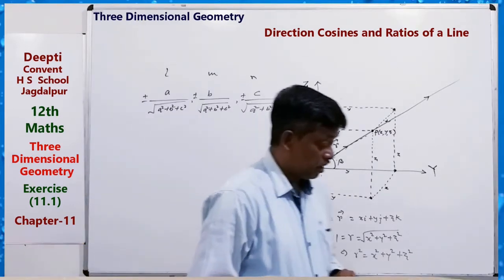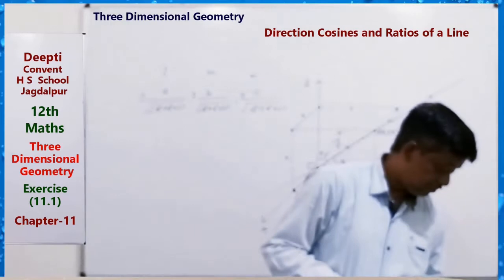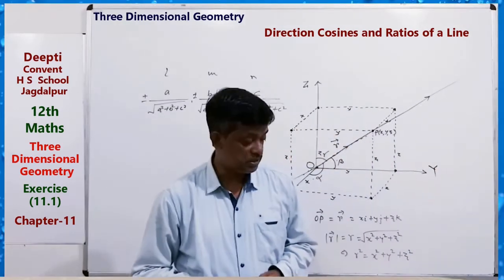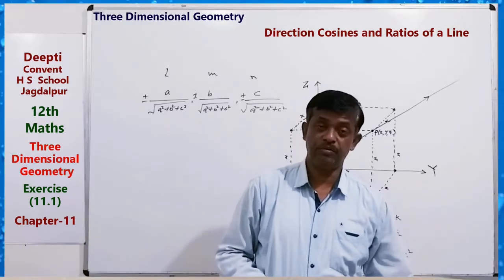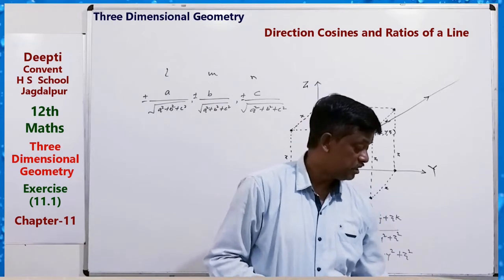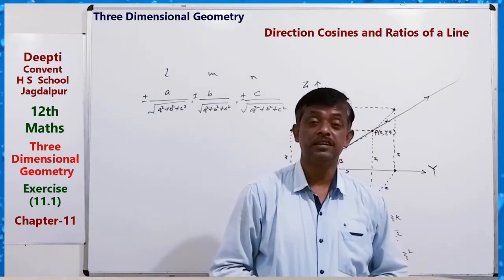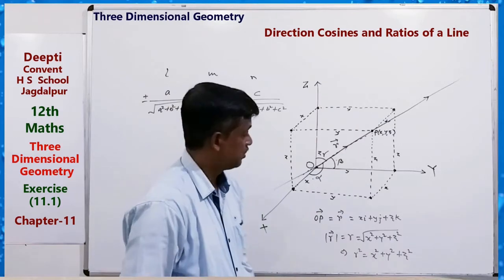Okay, now how can we find the direction cosines of a line passing through 2 points? If we are given 2 points, then how can we find the direction cosines?